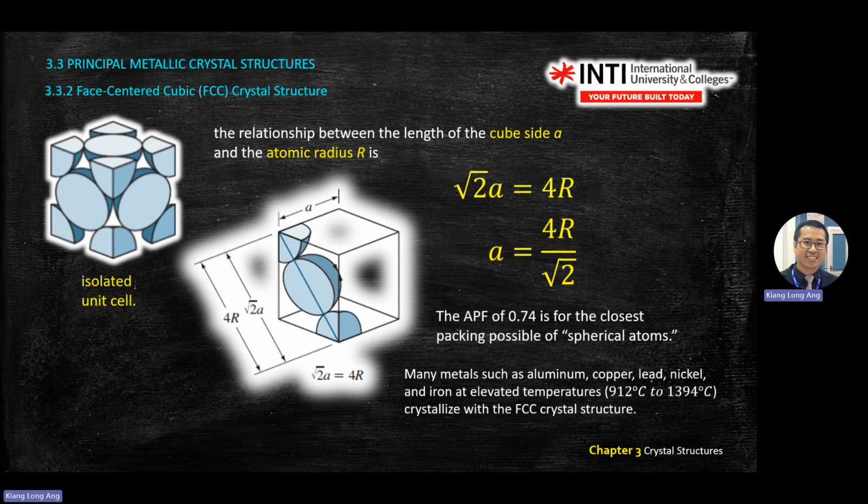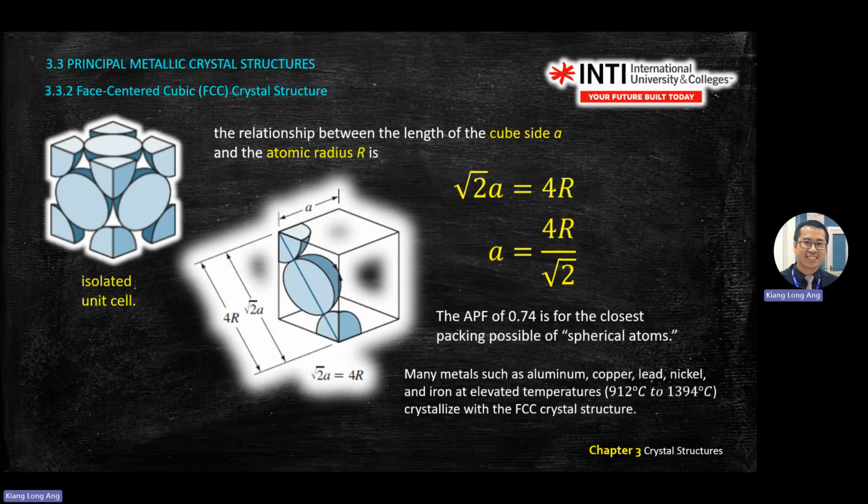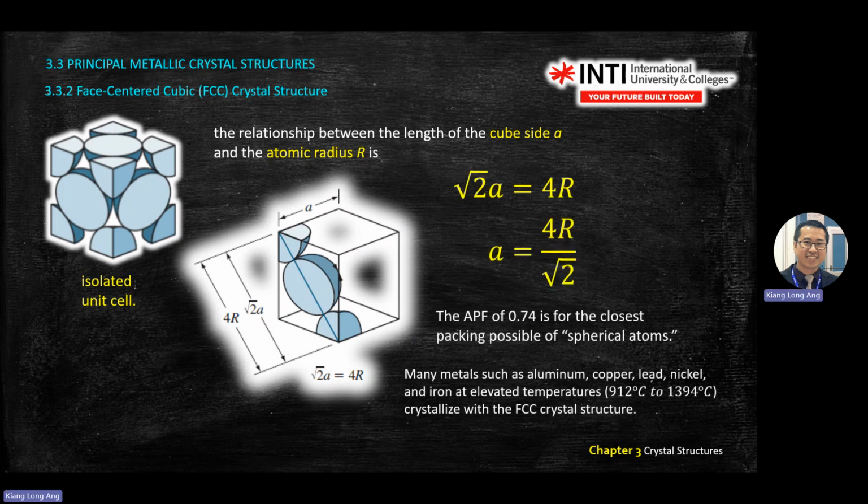So examples of BCC, FCC: FCC will be copper, lead, nickel, and iron. Memorize at least 3 examples from the table in my slide, the BCC, FCC and HCP samples.